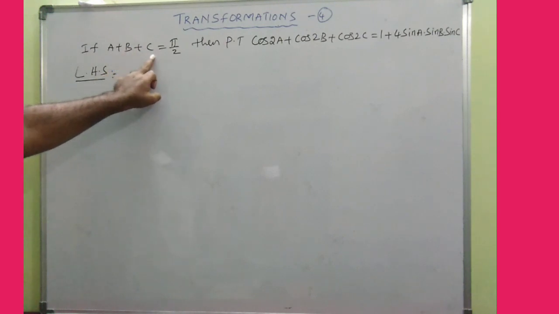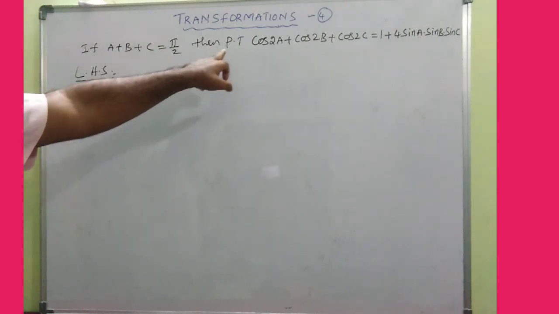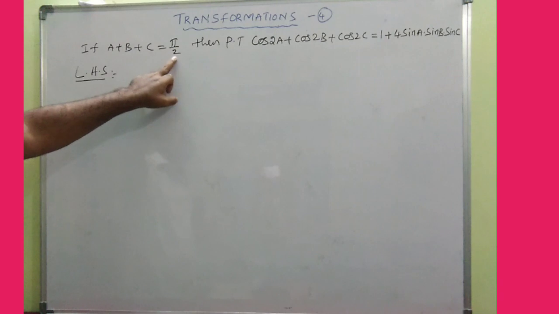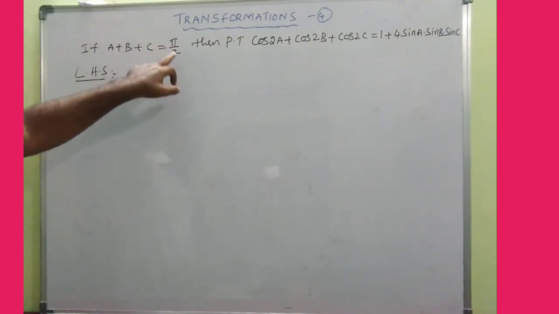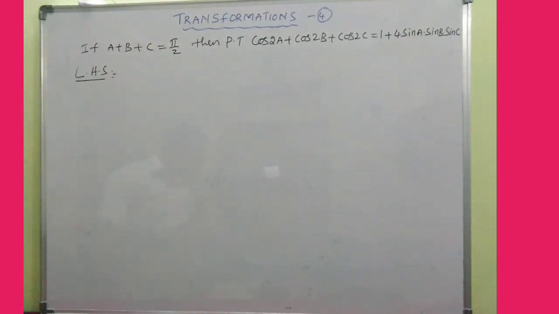Given that A plus B plus C is equal to 90, prove that cos 2A plus cos 2B plus cos 2C is equal to 1 plus 4 sin A into sin B into sin C. So no problem whether it is 90 or 180 or 270 or 360 or 0 or even S or even 2S. It can be anything. Just go ahead with the fundamentals of transformations.